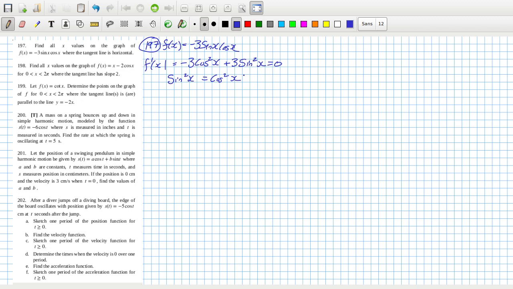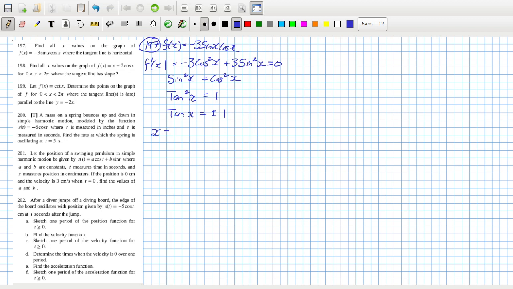So basically that's when sine equals cos, or we could say when tan squared x equals 1, which would mean when tan x equals plus or minus 1. So it's 45 or minus 45, or pi over 4.